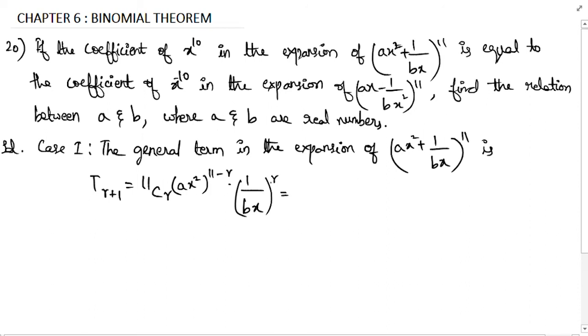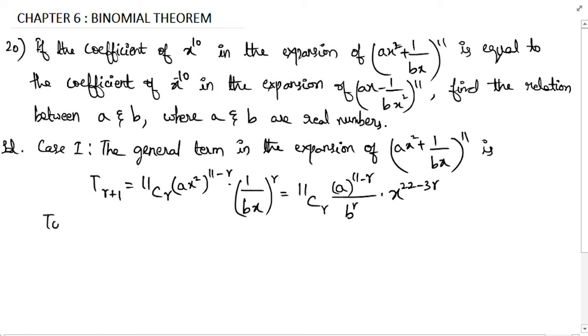Okay, so this is the (r+1)th term. So that is equal to 11Cr into a^(11−r) divided by b^r into x^(22−3r).